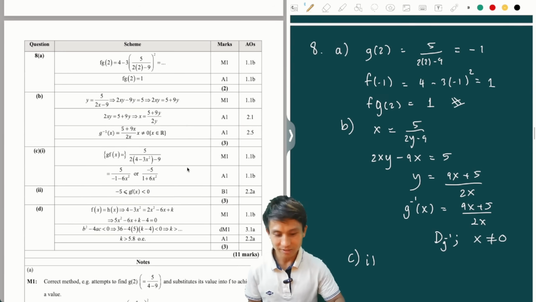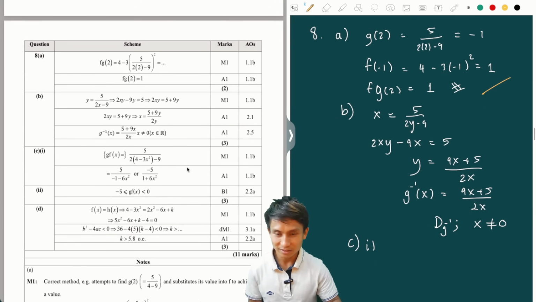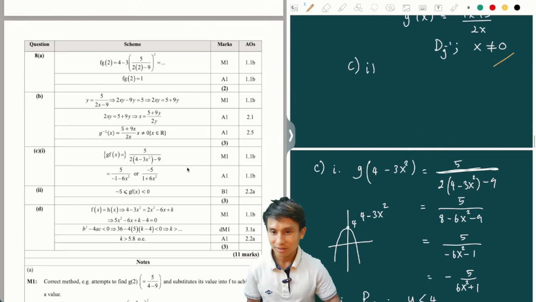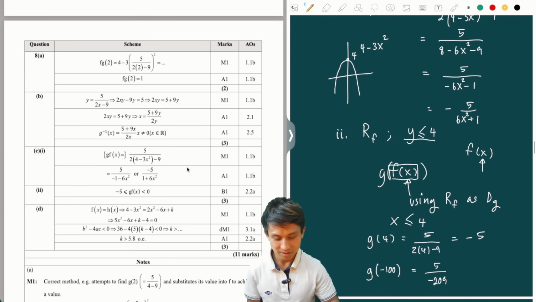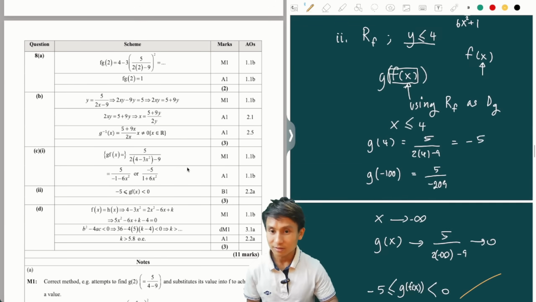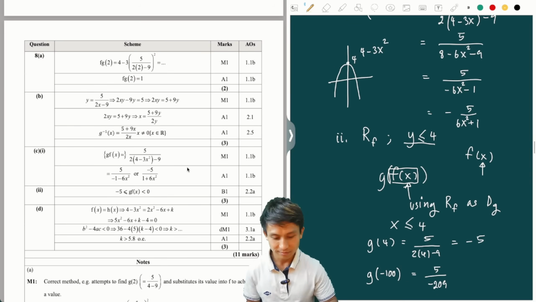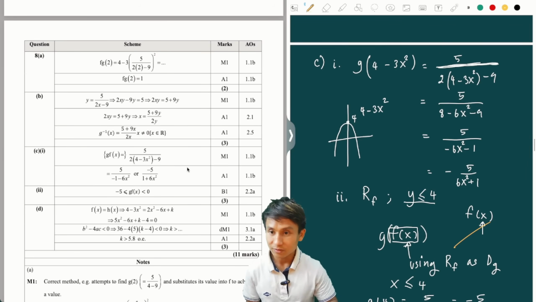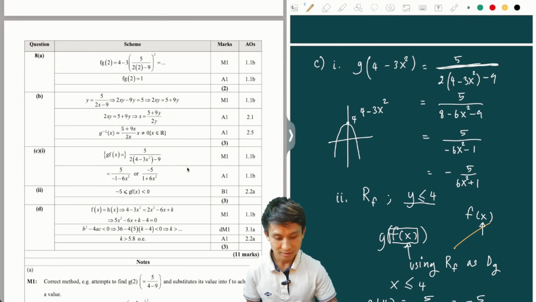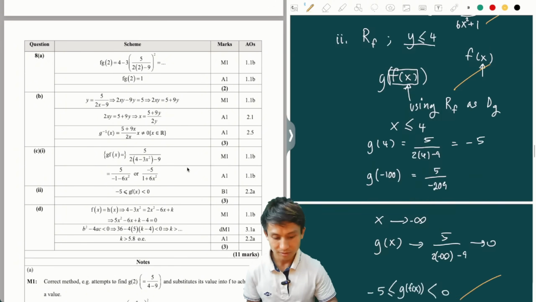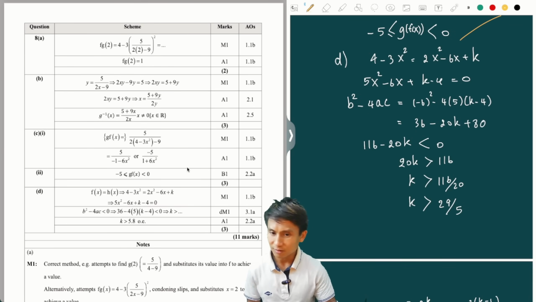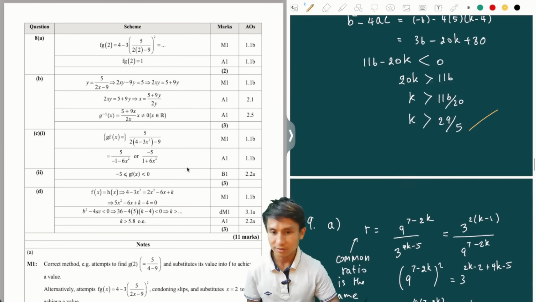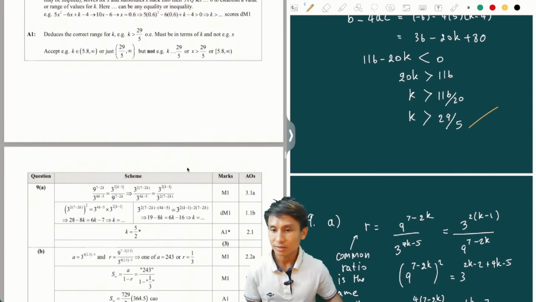Okay, number 8. Okay, that's fine. G inverse, not 0 here. C part I. Yep, nailed it, I think. This is, yeah. C I, yeah, part D, that is 5.8, right? Yeah. Okay.